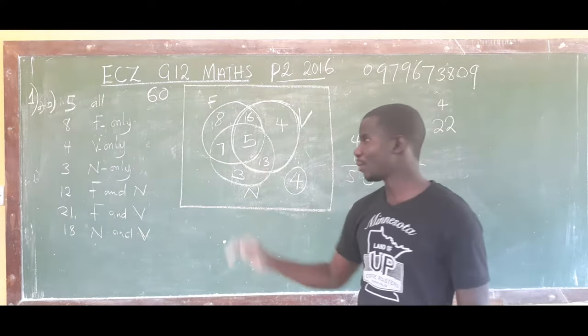Then 7 squared multiplied by 6. What are we getting? We're going to get 294. 9 squared multiplied by 2. What are we getting?